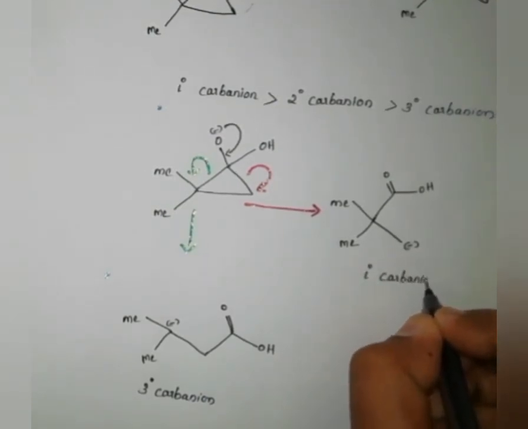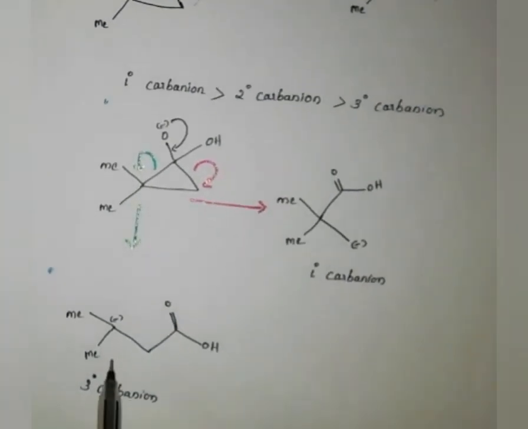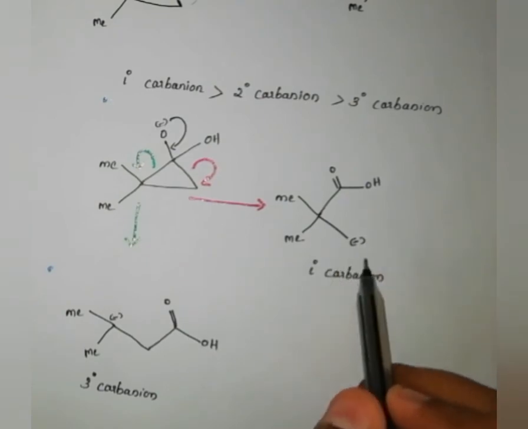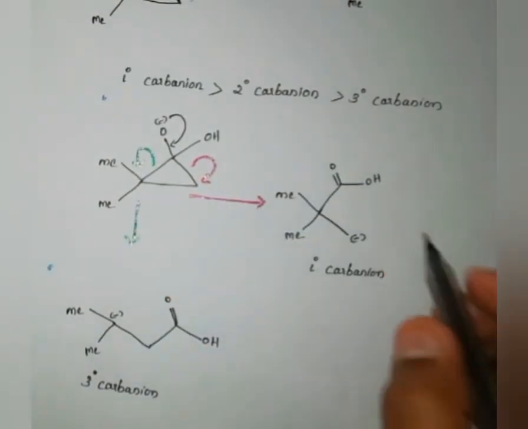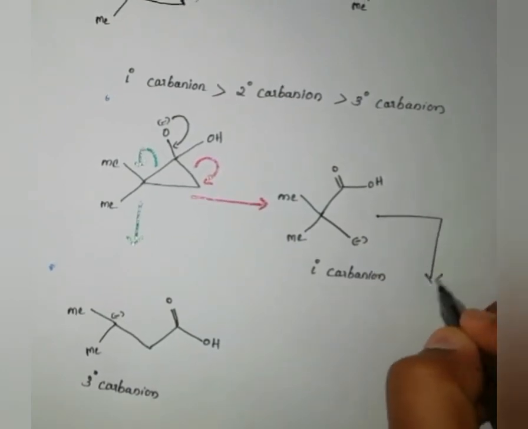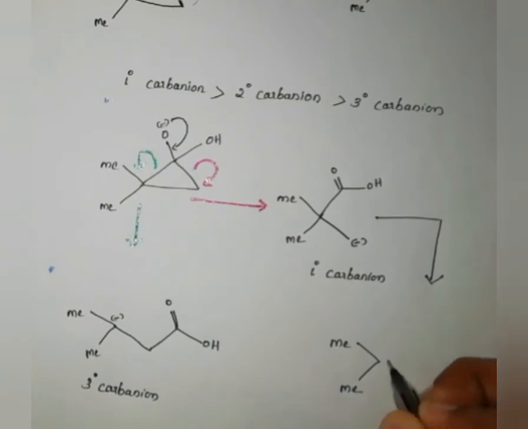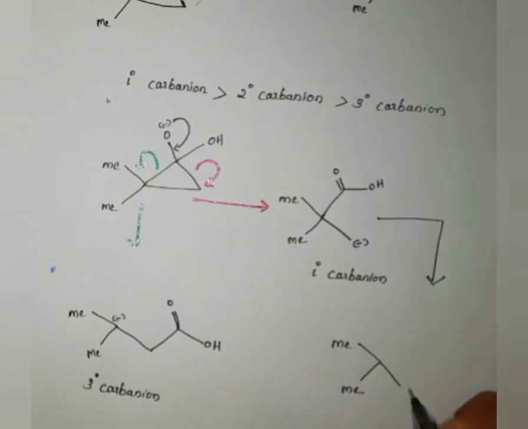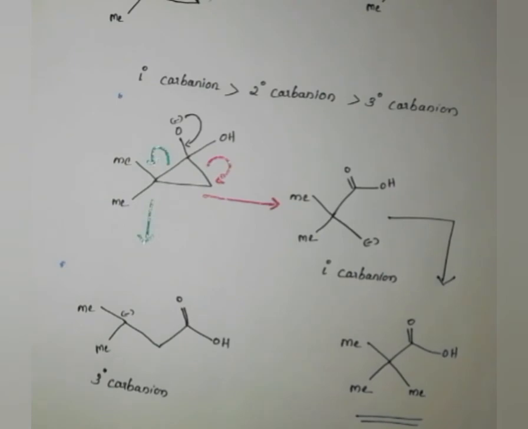This is a primary carbanion. So compared to the tertiary carbanion, the primary carbanion is more stable. So the reaction proceeds to this side, and the final product becomes Me, and this also Me, with OH. So this is the final product.